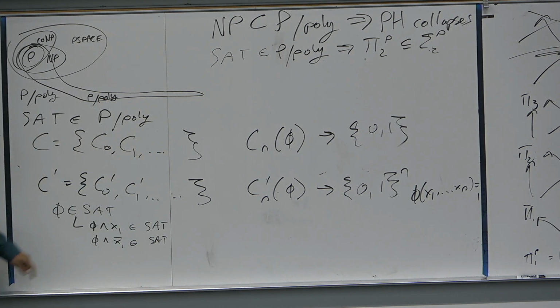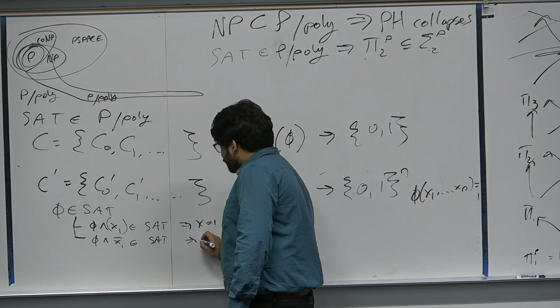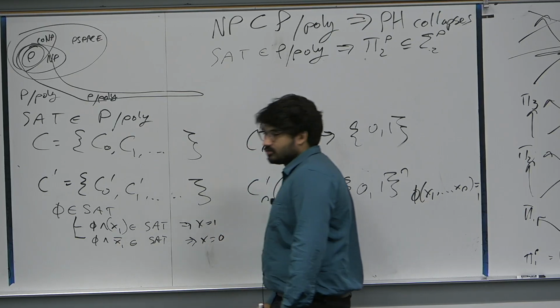If phi is in SAT and phi and x1 is in SAT, what must be true? Where this is a clause of size 1, let's say. x1 is true. This implies x1 is true. This implies x1 is false.